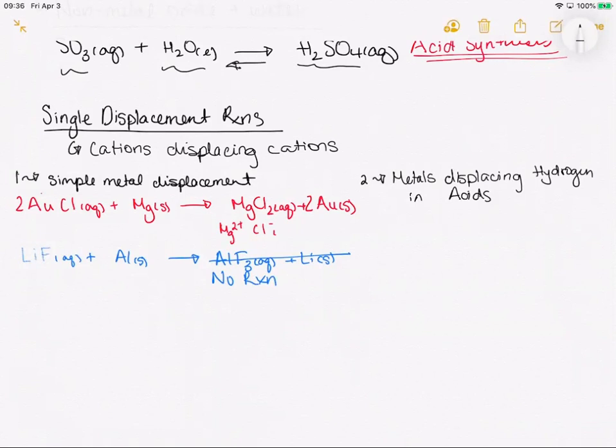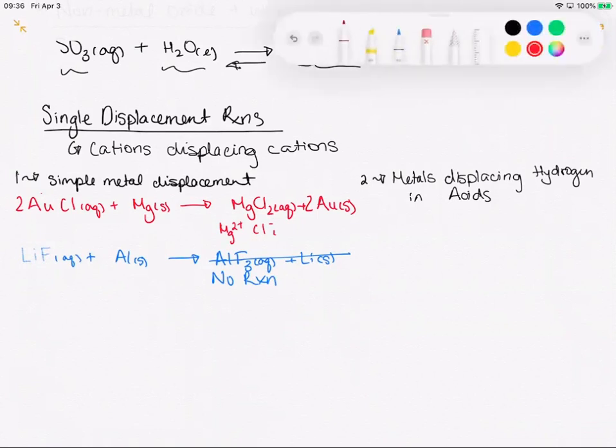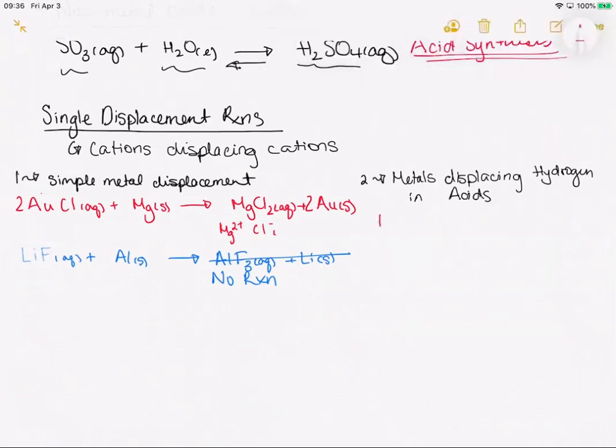One is just the reactivity series, and another is displaces hydrogen in acids. Let's look at an example of a reaction that proceeds: hydrochloric acid plus potassium metal. Potassium is a very reactive metal. It is within that arrow, higher than hydrogen, so it is able to kick out hydrogen.